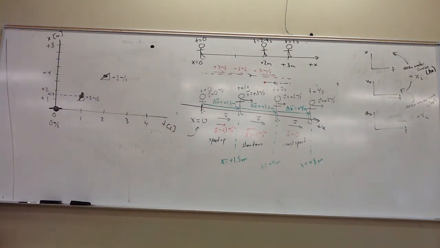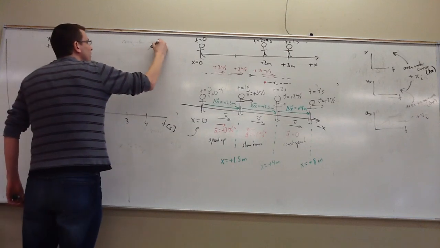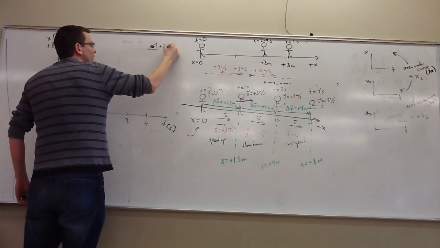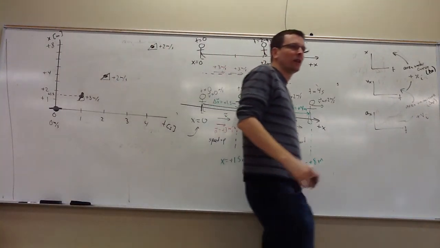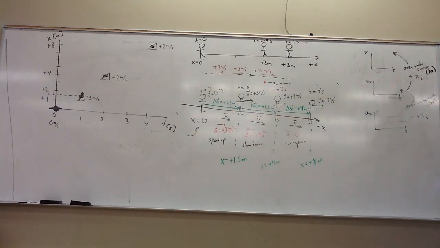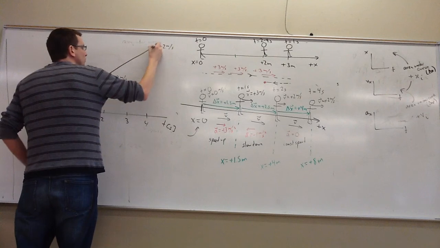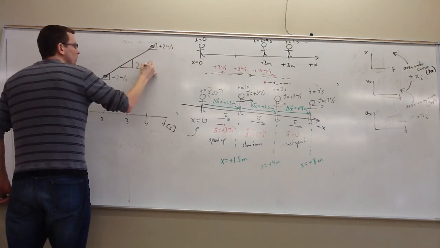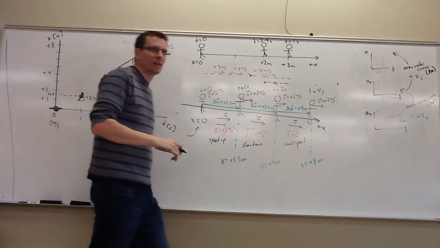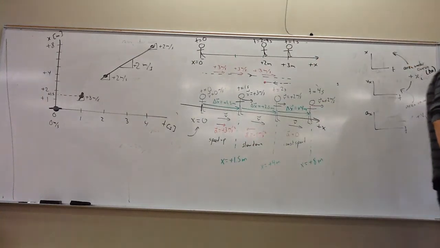And then the slope is still that later on. The entire last 2 seconds, the velocity doesn't change, so here the slope doesn't change. In fact, that's the easiest one. I'll do that right now. The slope during the entire last 2 seconds is plus 2 meters per second.